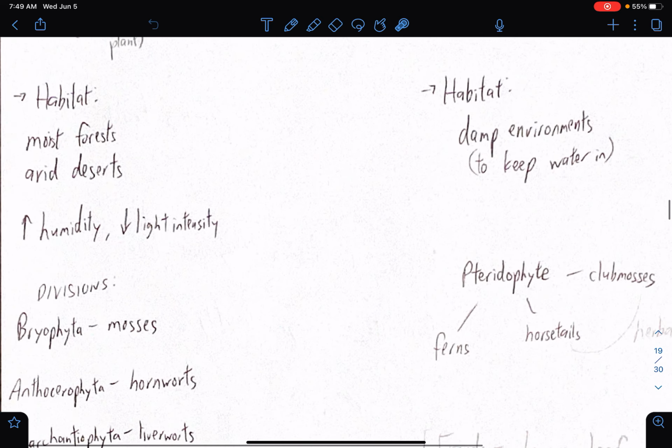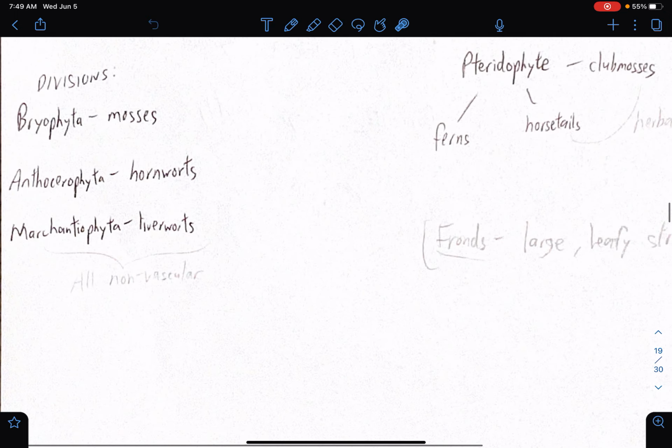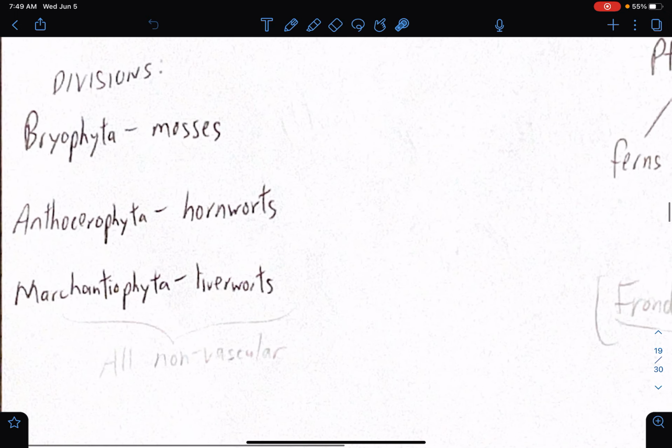It's only present in non-vascular plants because diffusion is useful in plants that are small in size. If the plant is big enough to be vascular, then that's when phloem and xylem are needed in order to facilitate a higher demand of the same thing, which is the transport of substances from inside to out and vice versa.